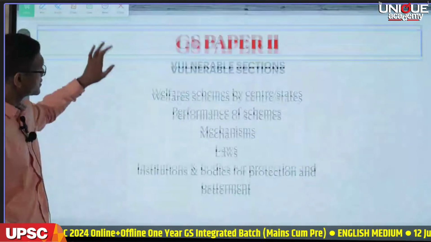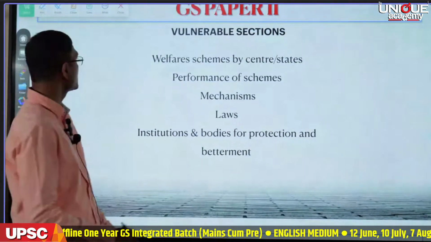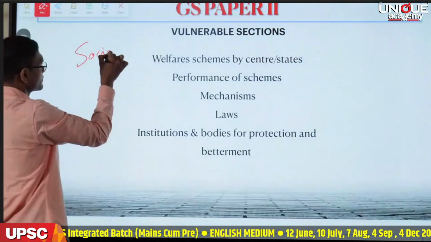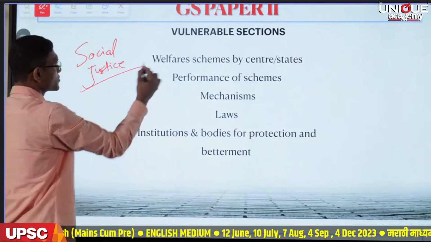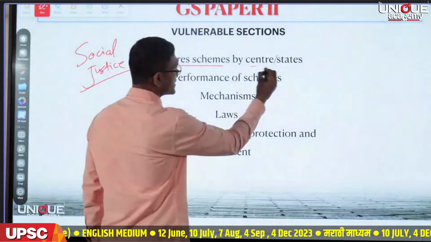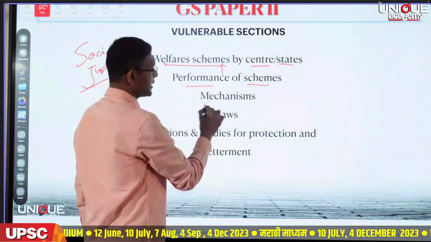Let's move to the next part, that is vulnerable sections. Now this deals with social justice, right? So here, welfare schemes by Centre and State, performance of those schemes, right?